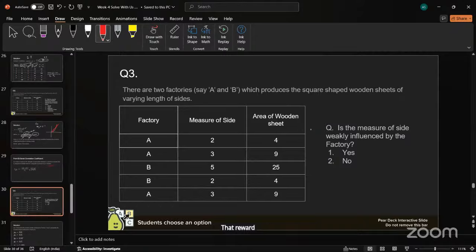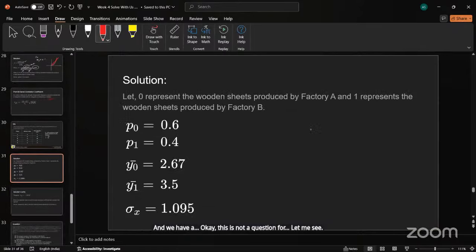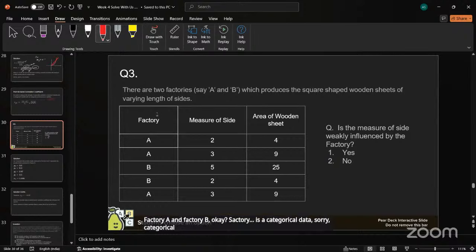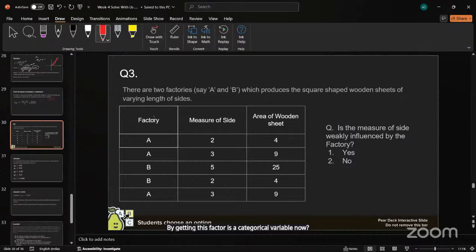So we have the measure of sides, and we have the factory, A and B. Factory is a categorical variable, and these two are the numerical variables.